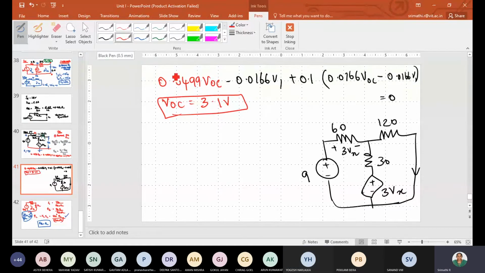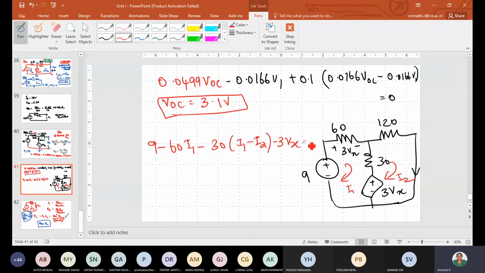Okay, so now this is I1, this is I2. Tell me the equations. 9 minus 60 I1 minus 30 into (I1 minus I2) plus I2 minus 3 Vx is equal to 0. And then 3 Vx minus 30 into (I2 minus I1) minus 120 I2 is equal to 0.